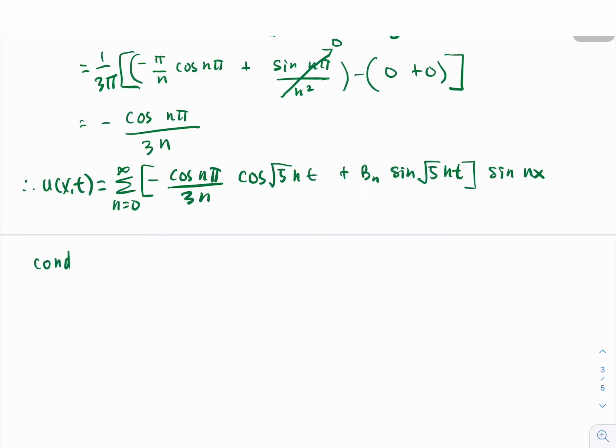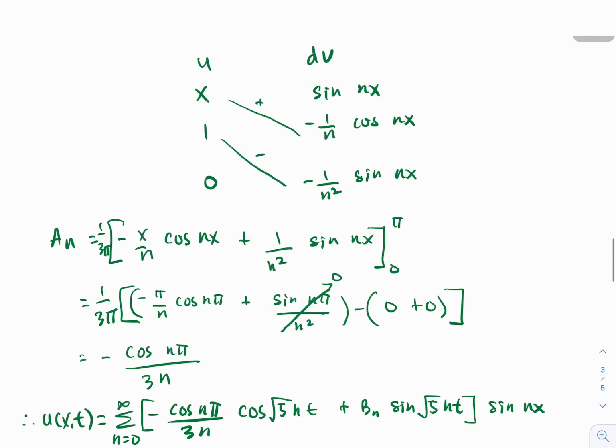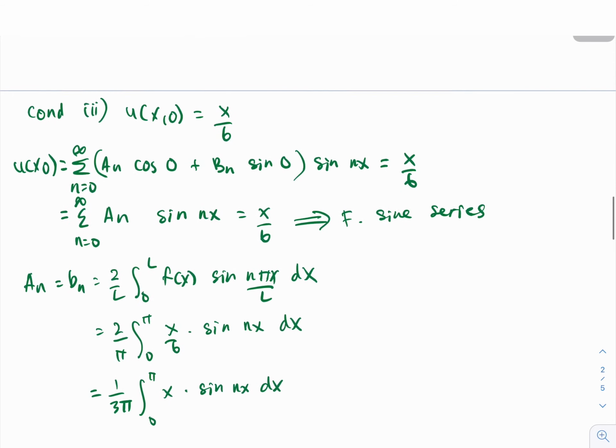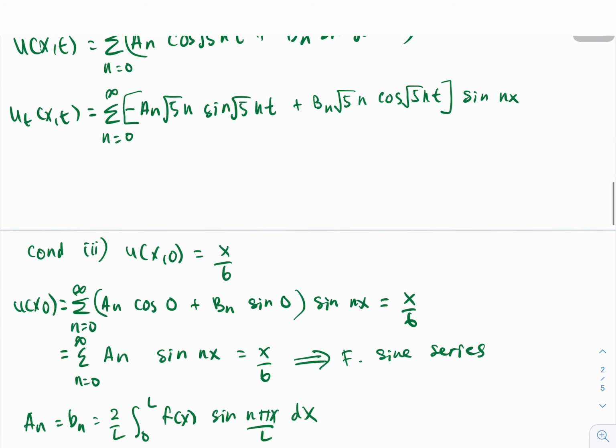Now, the final condition, which is condition number 4, u sub t at 0 is equal to z5, which is the initial velocity, and the function is z5. So we are taking back what we have differentiated. We have found u(x,t) here. This is our u(x,t), and then we substitute t equals 0, and also our a_n that we have obtained.